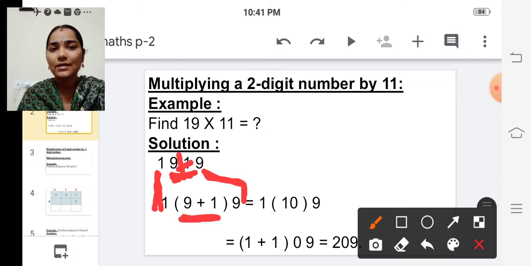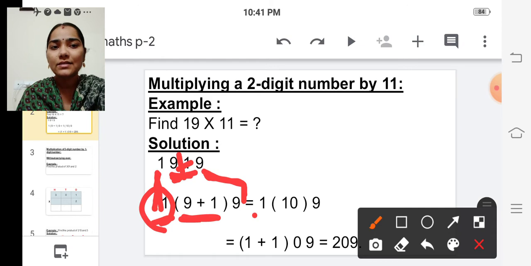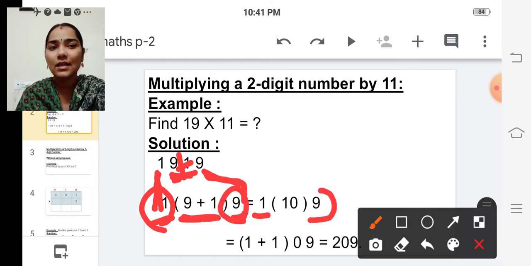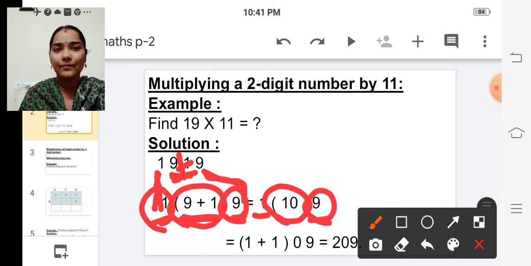In the next step, you have to write this 1 as it is and 9 as it is in the last place, and 9 plus 1 is 10. So write this 10 within the bracket in the middle.